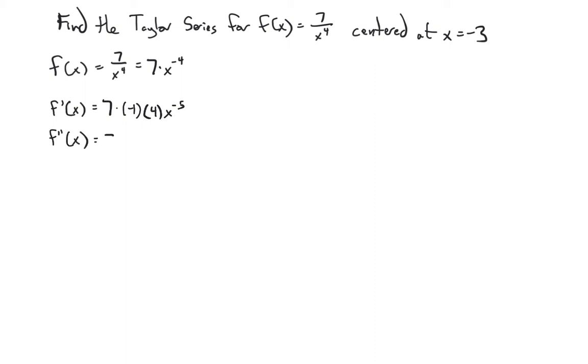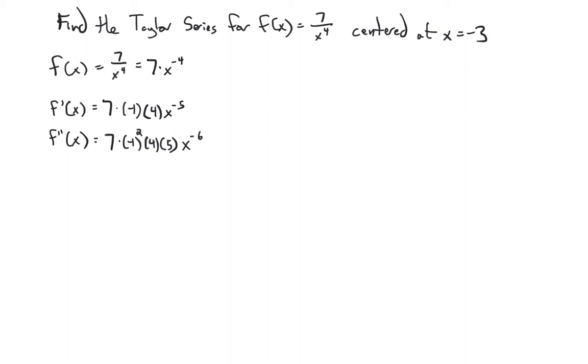So the 7 stays there. And we have this negative 1 and this 4. And then we're going to multiply by another negative 1. So that's negative 1 squared times 5. Again, we're multiplying by negative 5. So that's negative 1 times 5. And then x to the negative 6.